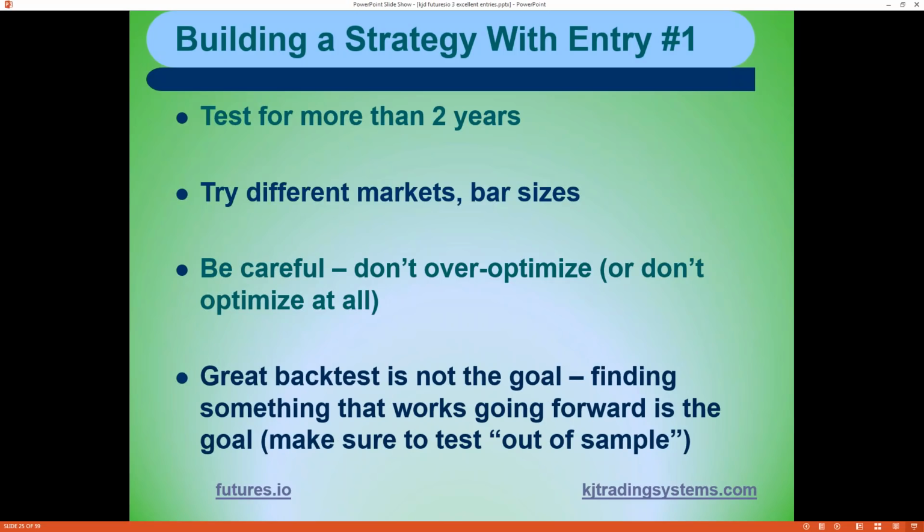But just remember, you can't say, well, I'm going to try it on gold, soybeans, crude oil, 20 markets, and I'm going to pick the top 10, because that's just optimizing, right? It's a different sort of optimizing. Usually people think of optimizing like moving average of 4, a 5, a 6, which one's best. But you can optimize with a basket of futures and only cherry pick the best ones. So be careful about that.